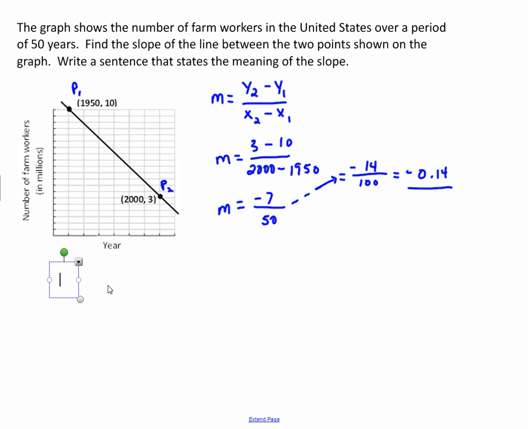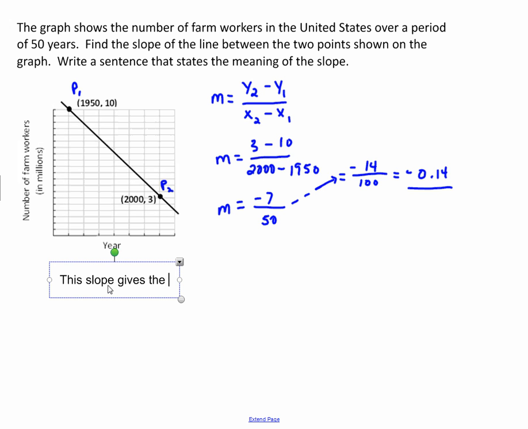And remember, the slope represents the rate of change in the y values over the rate of change in the x values. It looks like this slope gives the, let's use proper capitalization. Might as well use proper English since I'm a teacher here.